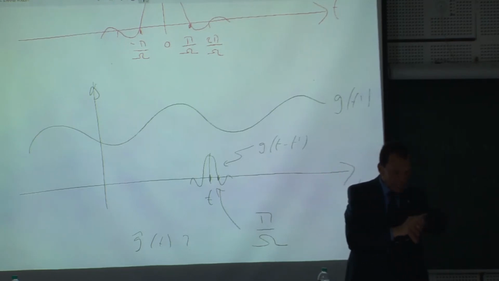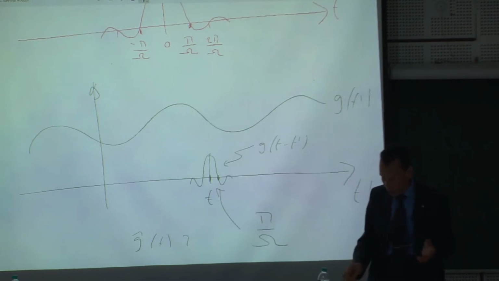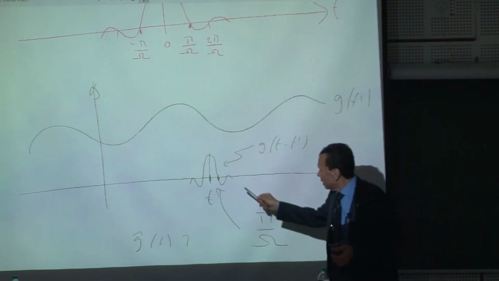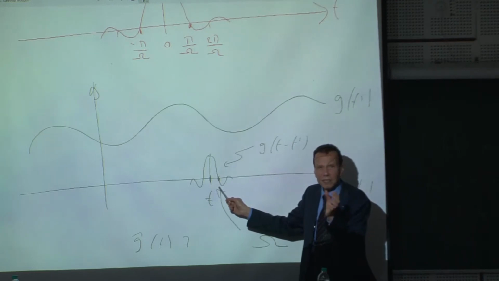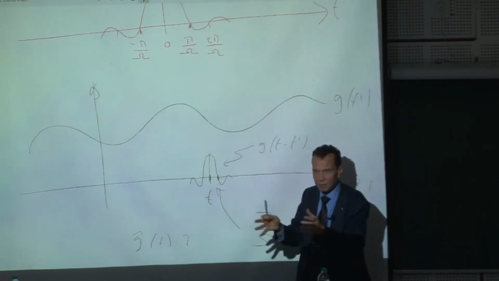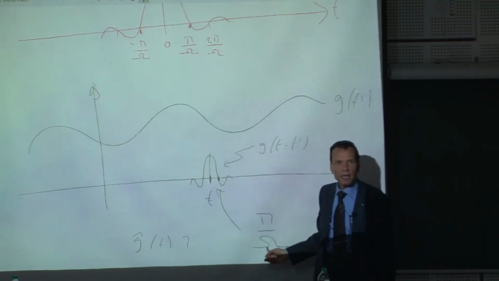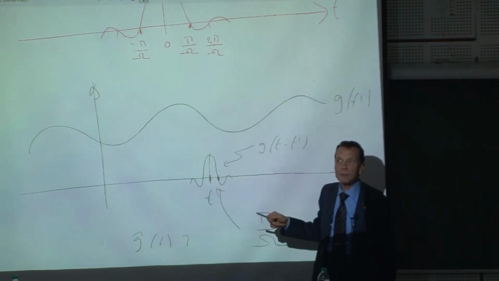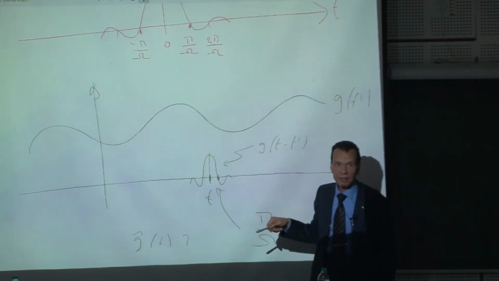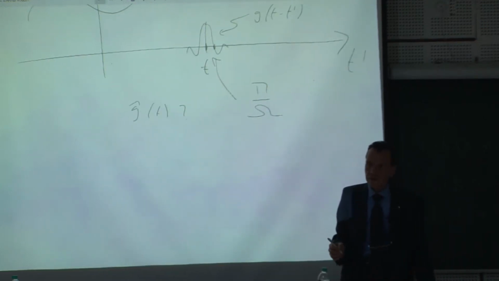Okay? So let us now, before we come to the end, discuss some issues related to a measure of the spread. This is point spread because it's spread out. A measure is pi over omega. Don't forget that omega itself is twice pi bandwidth, because omega is a circular frequency.